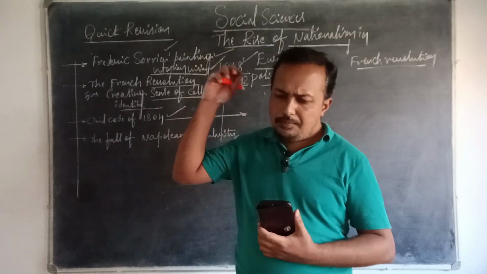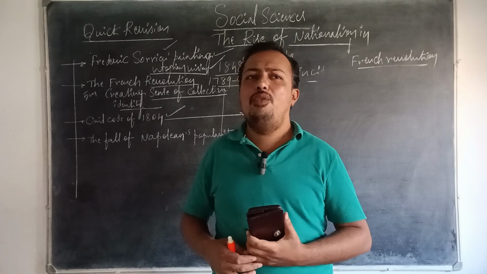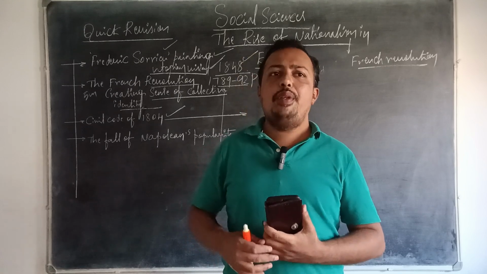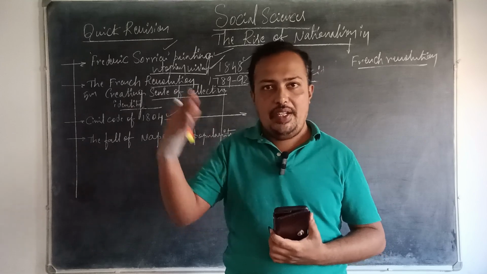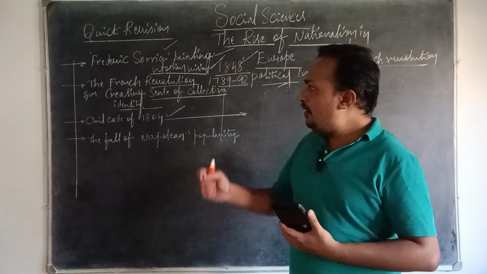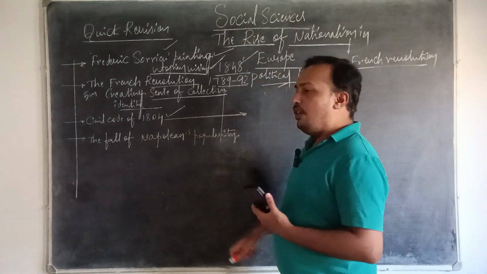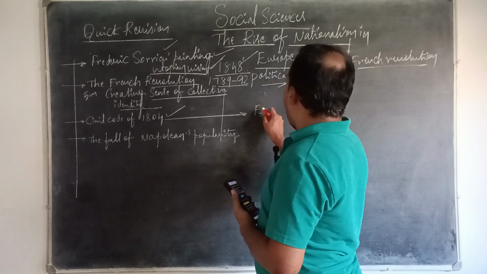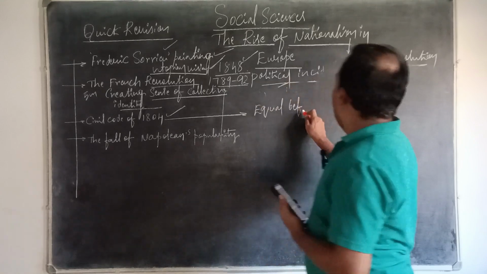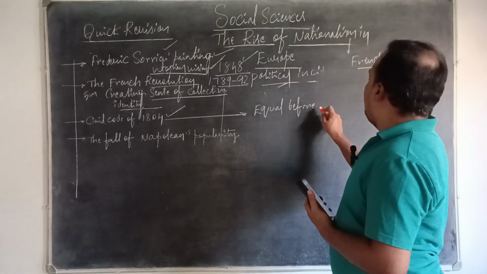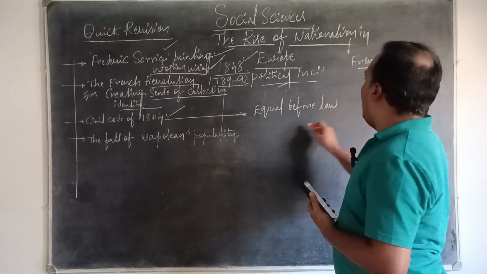All the economic burden was put on the third estate people. So there was no equality between the different estates. After the introduction of the Civil Code of 1804, everyone became equal before law.